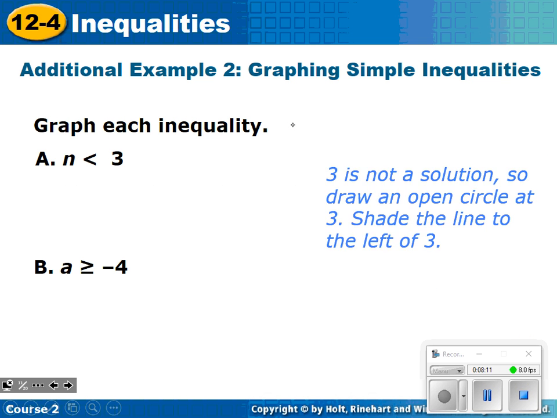So let's get a graph. Okay, 3, right? Circle or dot? Which one? Okay, 3. Is it a circle or a dot?